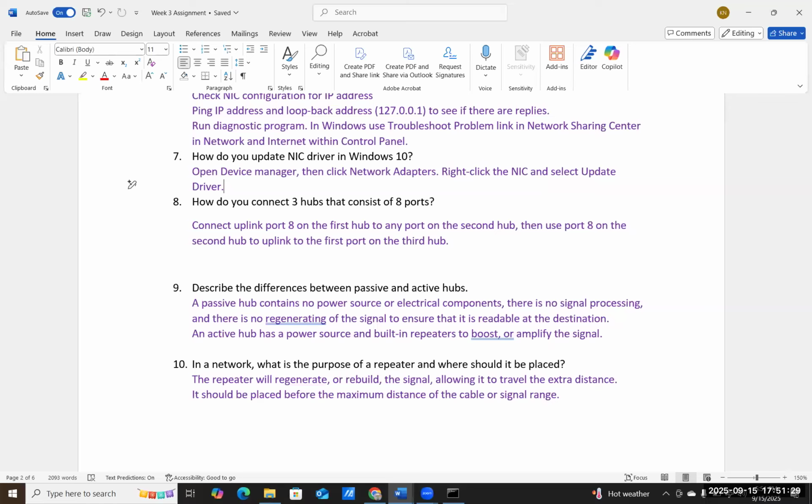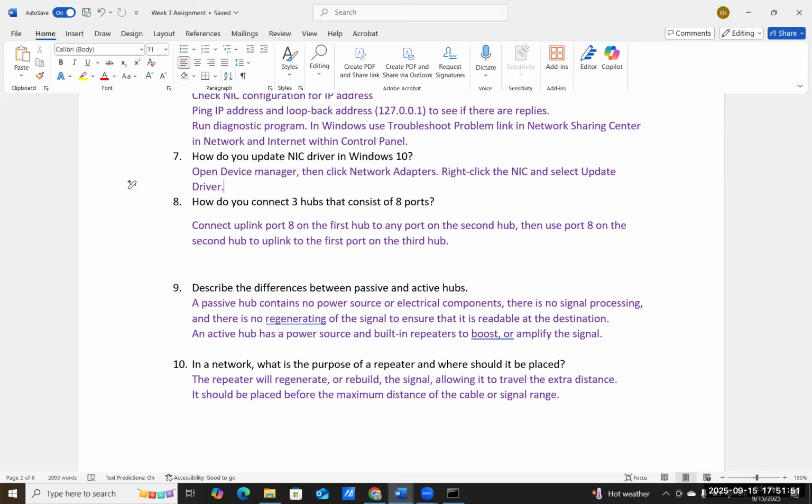So if you drive around the city and you're using the city Wi-Fi, you see that these appliances are also repeaters. So it should be placed before the maximum distance, because when you're at the edge of the distance, what will happen is you already lost that signal. So we want to go before.